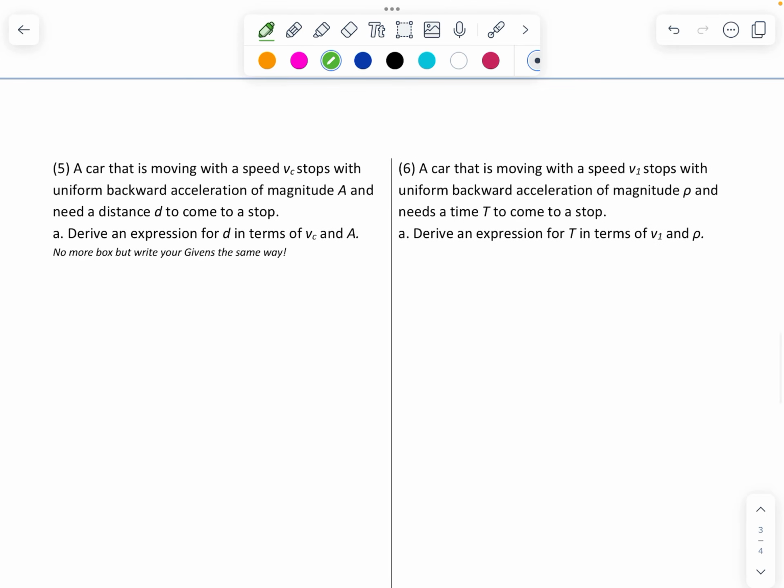All right, number 6. A car that is moving with a speed v1 stops with a uniform backward acceleration of magnitude rho and needs a time t to come to a stop.